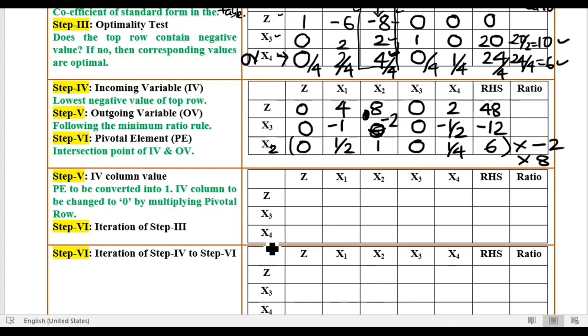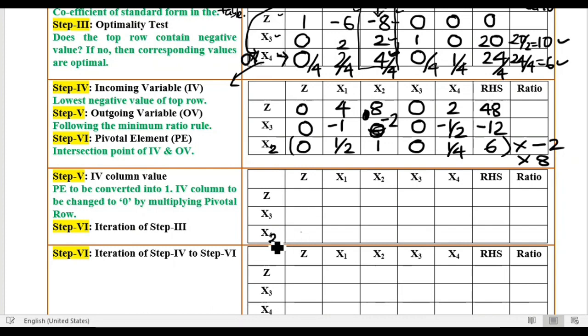So my incoming variable has come over here. After here I'll write L, which was the incoming variable. This is x2 and this is the outgoing variable. So the outgoing variable has gone out and the incoming variable has come over here.